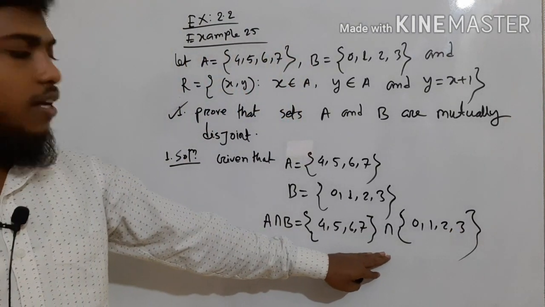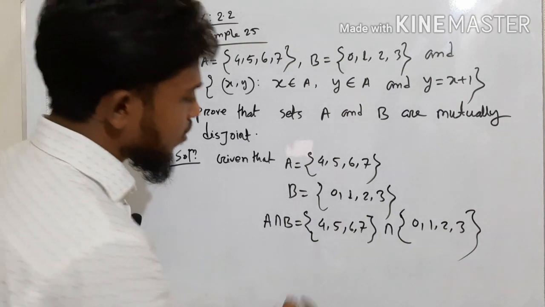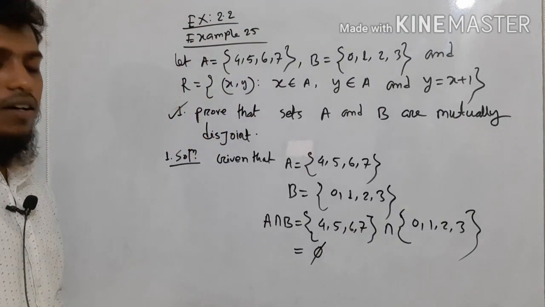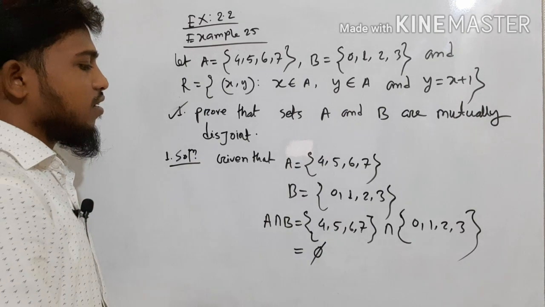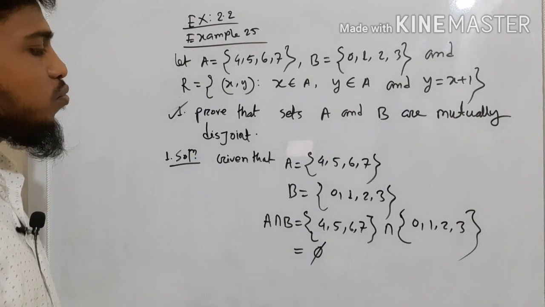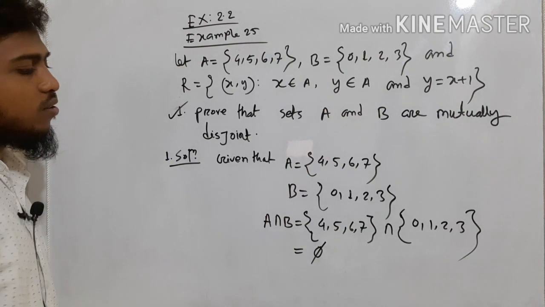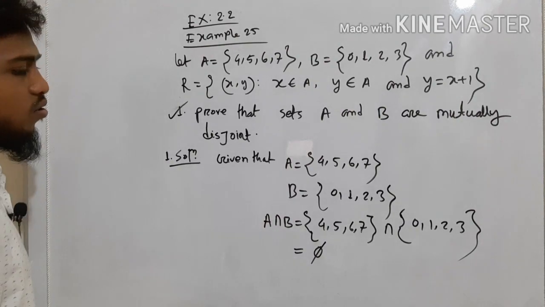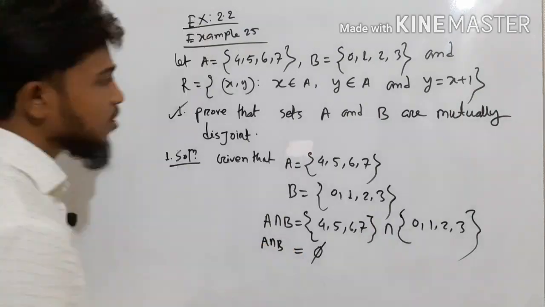Here we see that there is no common element between the two sets, so this is the empty set. We know that if the intersection of two sets is the empty set, then these sets are mutually disjoint. So A intersection B is empty, proved.